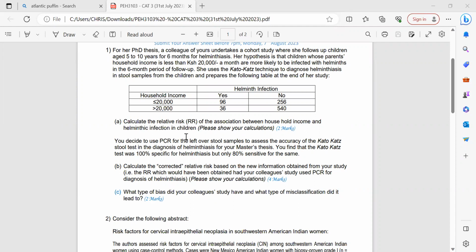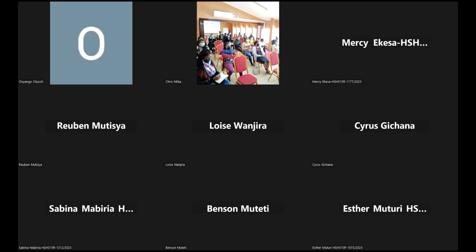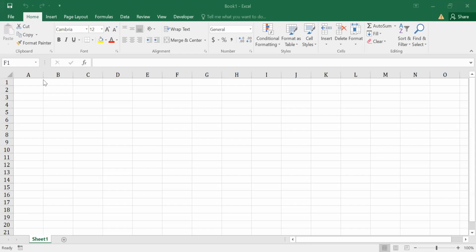And I have an idea how to go about this. Let me even come up with a document, let me just use Excel. I like Excel, so that you can use that to draw the table.